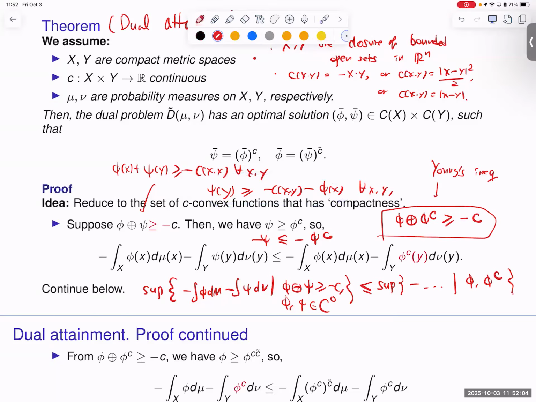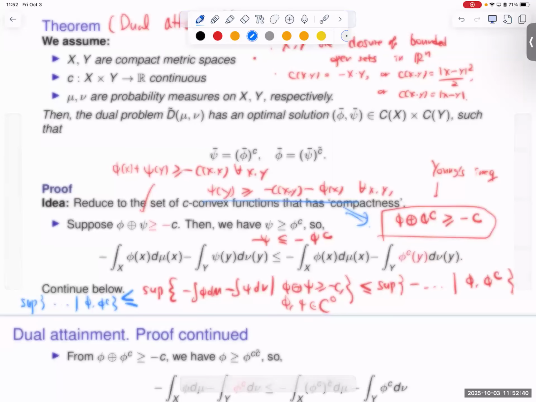And because of that, it satisfies this condition. So these pairs are subsets of all such feasible pairs. Then the corresponding supremum, because you have a smaller set, is smaller than the original one.